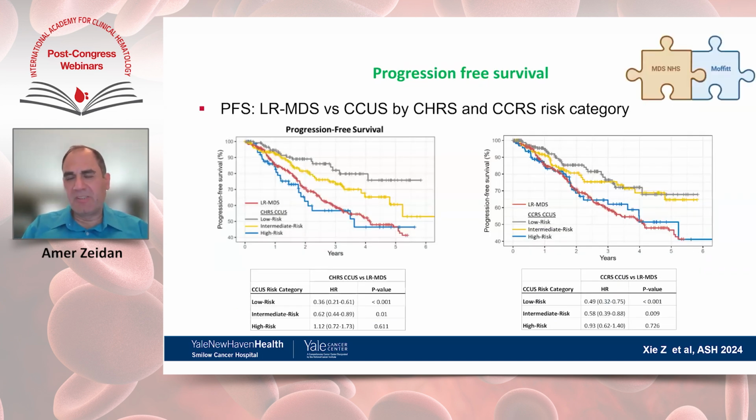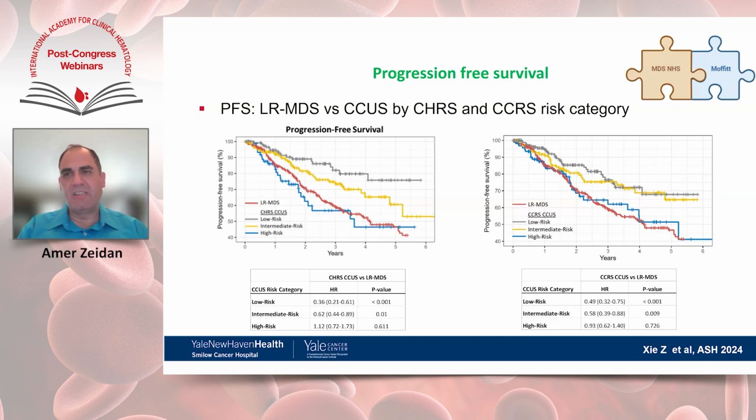And again, it's a busy presentation, but the most important point of this presentation is that patients who had high-risk CCUS, which is defined by two scores, you can see them here, already published, both of them, the CHRS and the CCRS. Using either of those scores, when you have high-risk CCUS, which is presented in blue bars, they significantly overlap in the progression-free survival with the lower-risk MDS, which is presented in red curves.